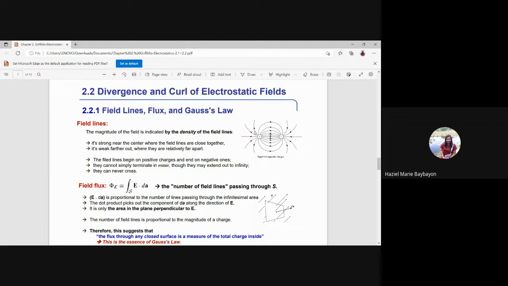So they come out from a positive charge and into a negative charge. Okay? So that is the direction of the electric field lines. Now, the magnitude of the field is indicated by the density of the field lines. So, for example, at this point, since you see many field lines here, then we can say that the electric field is intense here.